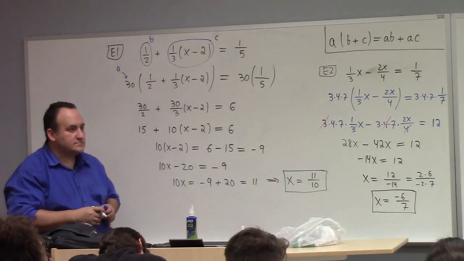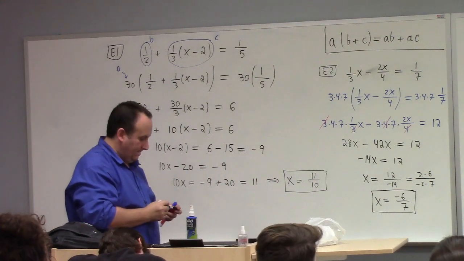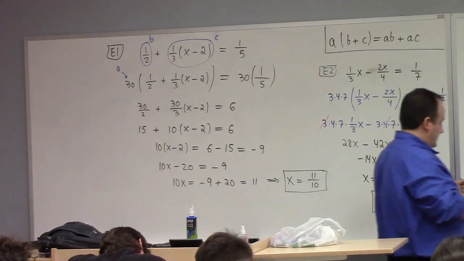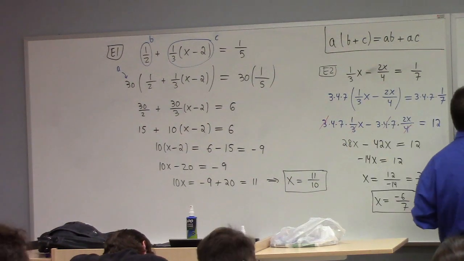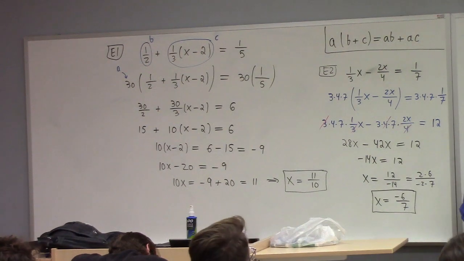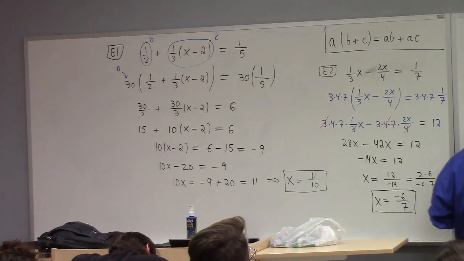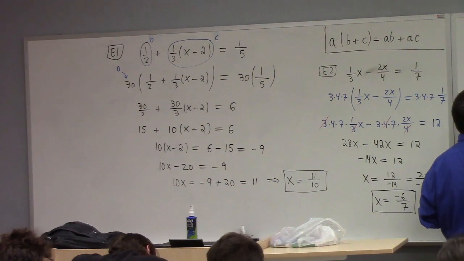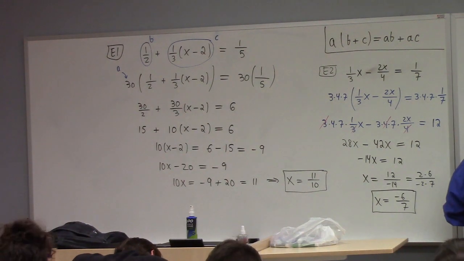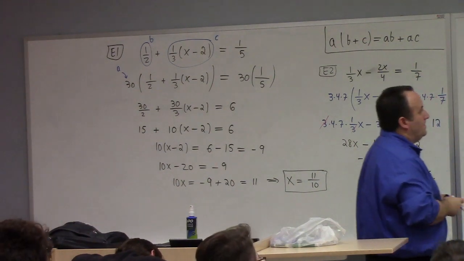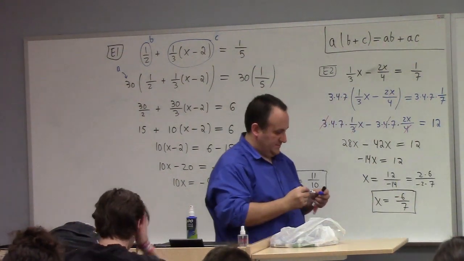Subtract 0.1x from both sides. Okay, so that gives us 0.3 equals 0.5x minus 2, right? And then what?